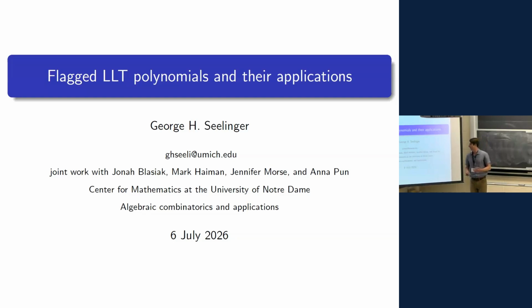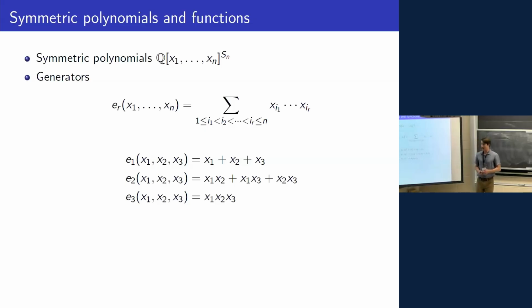In the talk, I'll talk about some key objects that are hopefully friends of many of you, but if not, I'll show you my friends and they can be your friends too. All right, so I like working with symmetric polynomials. By this, I just mean polynomials where if I permute the input variables, they give the same output polynomial.